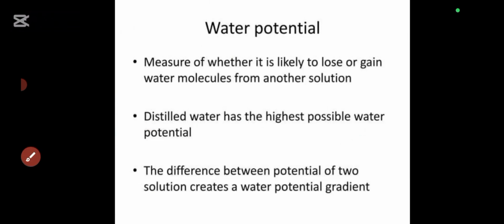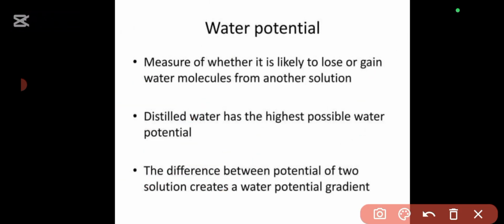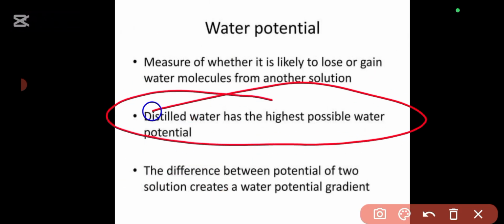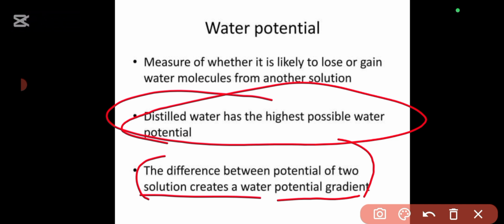Now, distilled water has the highest possible water potential. The difference between the potential of two solutions creates a water potential gradient. And so osmosis is where water from the high water potential region will move to the low water potential region.